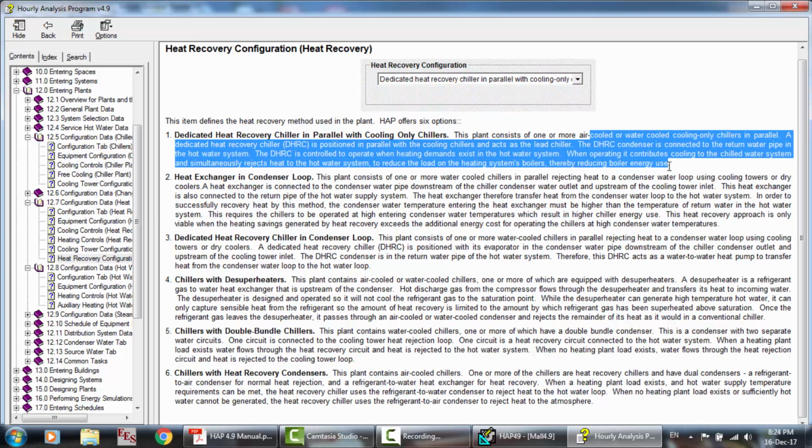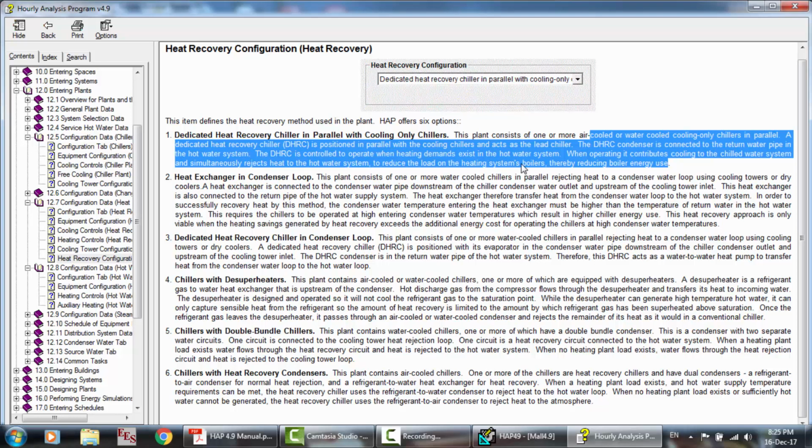Dedicated heat recovery chiller is positioned in parallel with the cooling chillers and acts as the load chiller. The DHRC condenser is connected to the return water pipe in the hot water system. The DHRC is controlled to operate when heating demands exist in the hot water system.